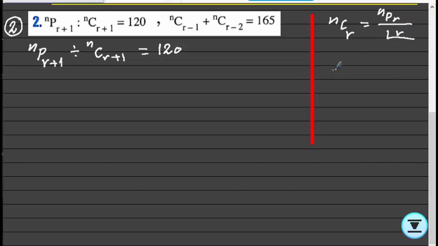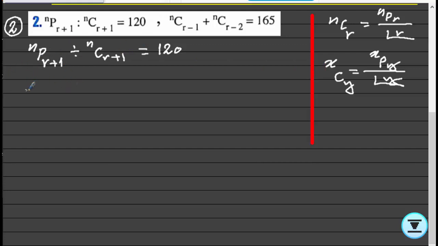Okay, again, if it is xCy here, it also equals xPy over factorial y. Okay, I'll use this rule between combination and permutation here to solve this problem.